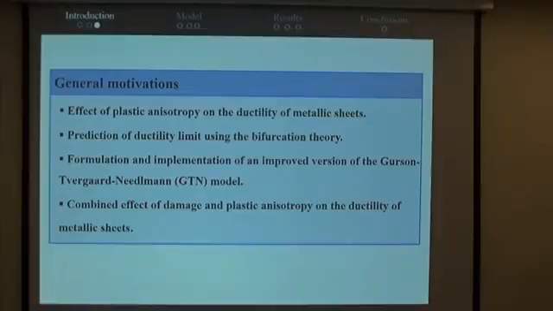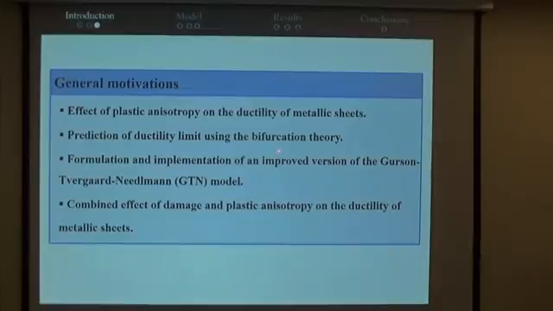But the problem with this approach is that the ductility limit is strongly dependent on the initial imperfection ratio. In order to avoid this dependency, we use in this work the bifurcation theory. So the bifurcation theory will be used instead of the Marciniak-Kozinski approach.